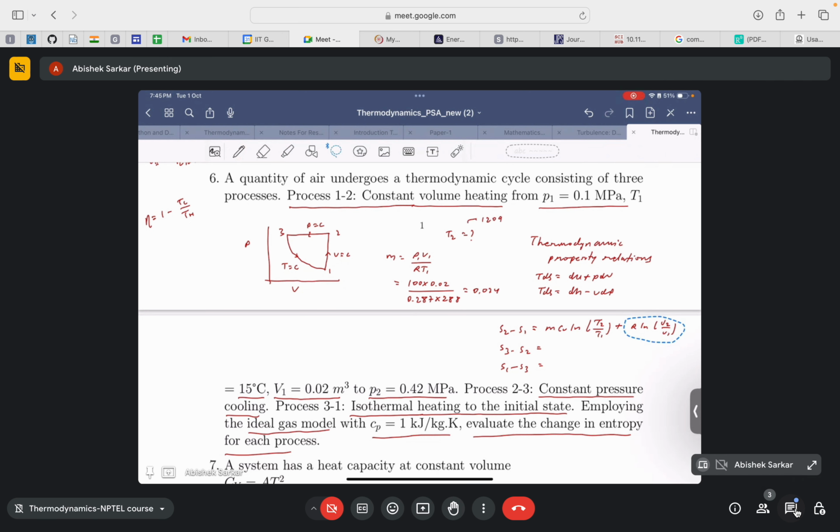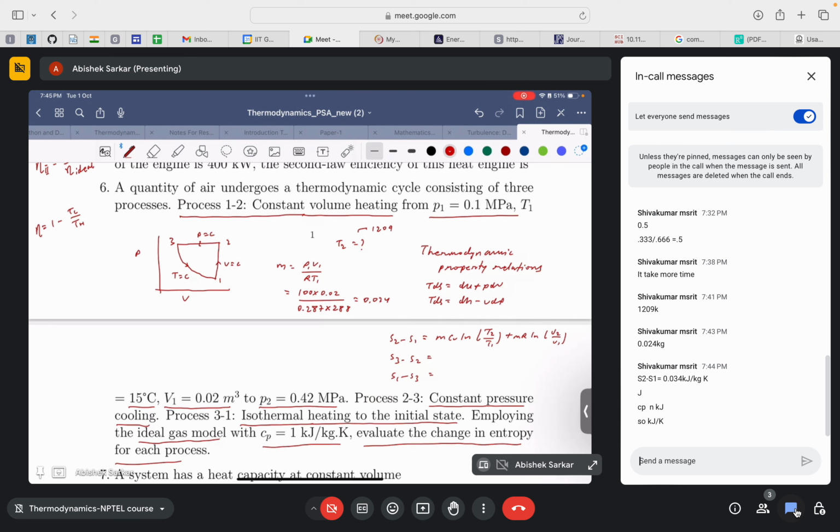So 0.034, is it? Let me just check it. So m is 0.024 into Cv. Cv would be Cp minus R, right? So Cp is 1 minus 0.287 into ln 1209 by 288. Let me check.